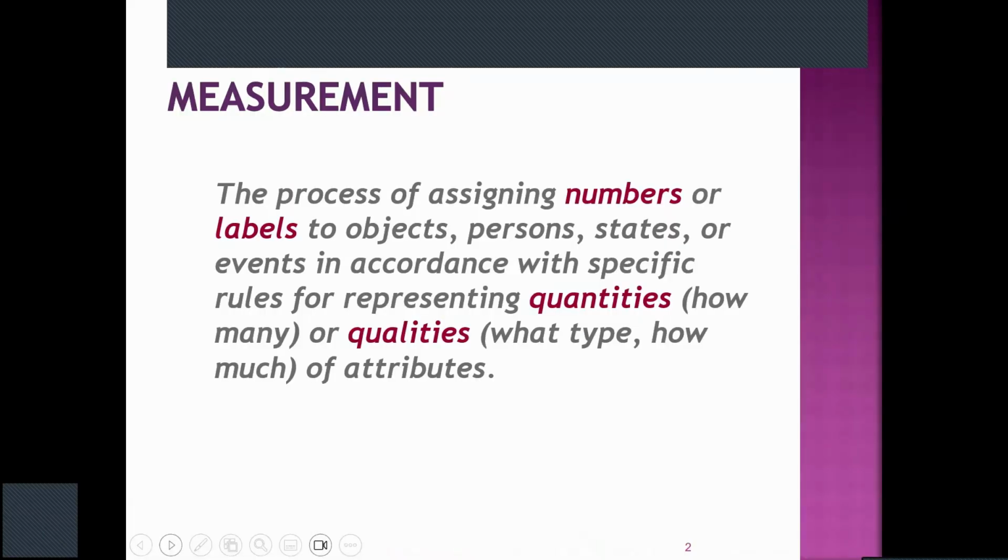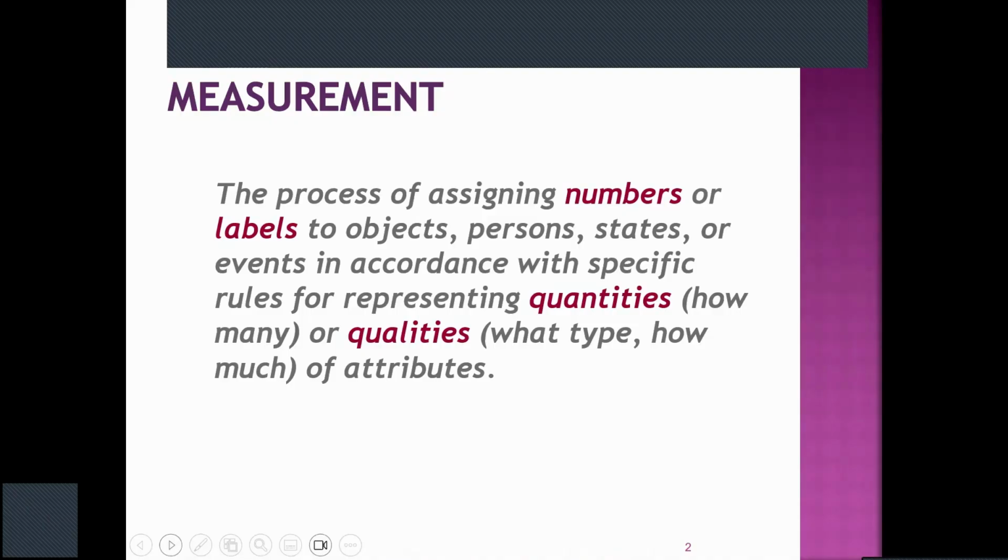First, let's define measurement. Measurement is the process of assigning numbers or labels to objects, persons, states, or events in accordance with specific rules for representing quantities, like how many of something, or qualities, like what type or how much of an attribute.